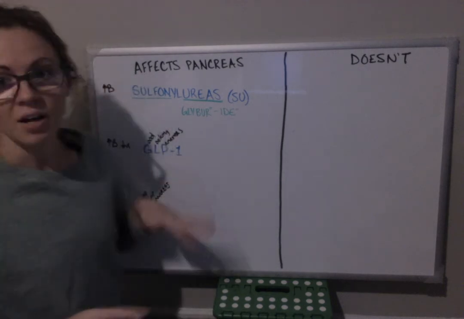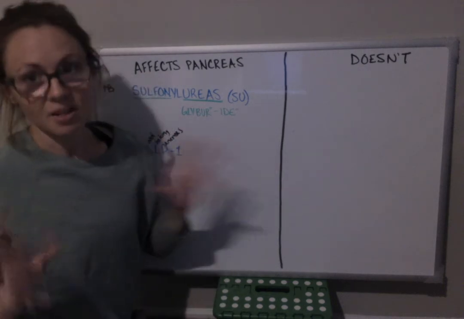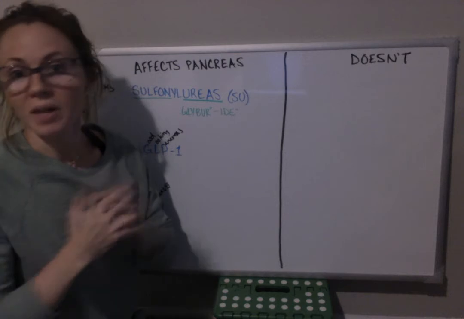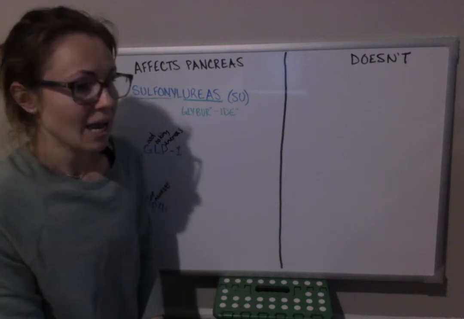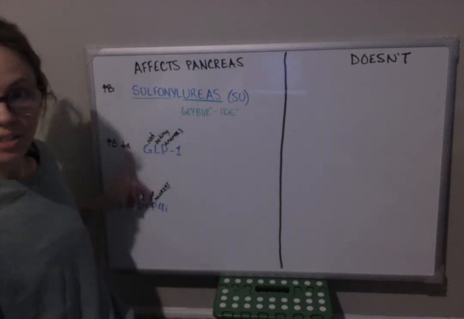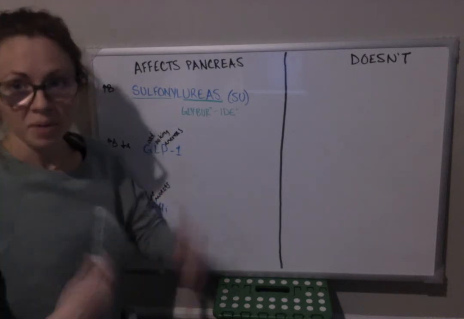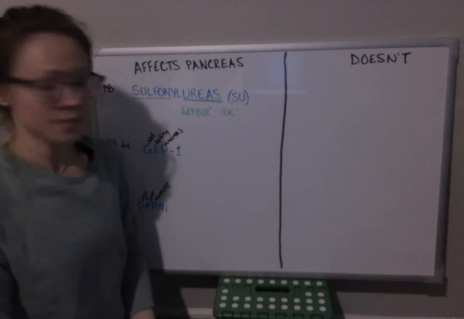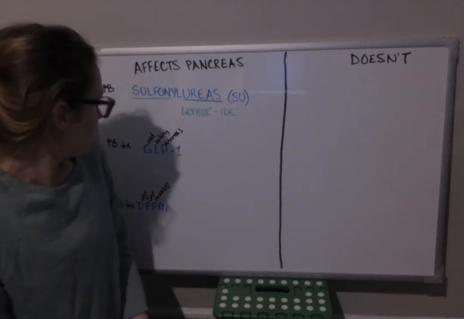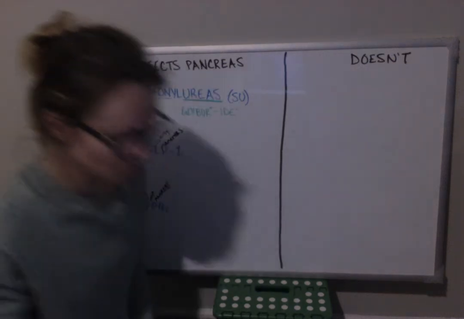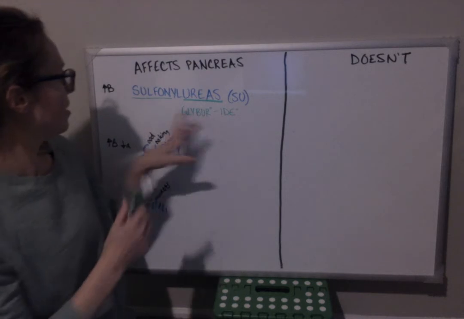If you give it glucagon, it'll stop making glucagon. So it sounds a little counterintuitive, but it actually works. And so it actually will stop the production of the alpha cells, increase the production of beta cells, and the insulin release.